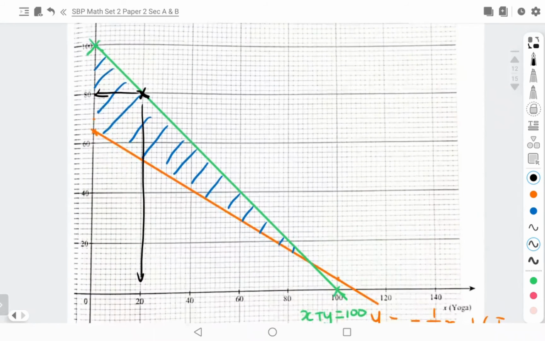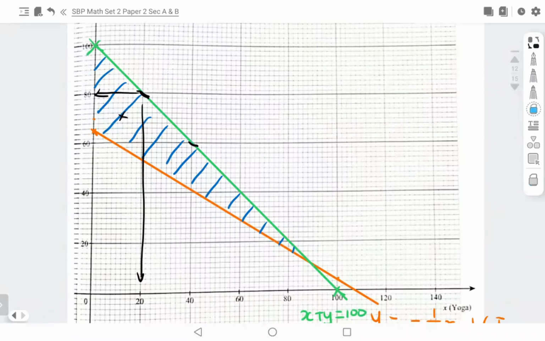Or you want to choose this point also can. Then you have to write, yoga session equal to 40 minutes and Zumba class is 60 minutes. As long as within the range, any point in the region. But let's say you take here, then it will be incorrect already because it's outside.